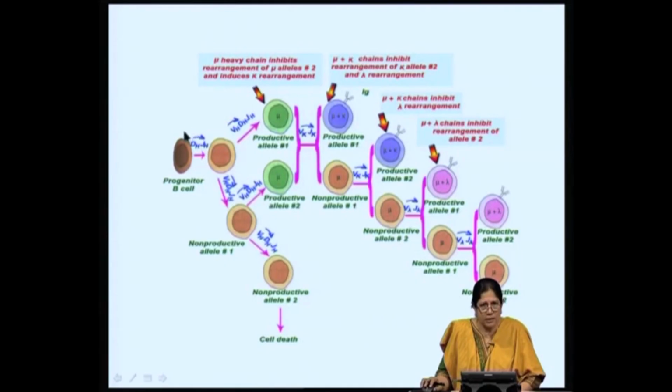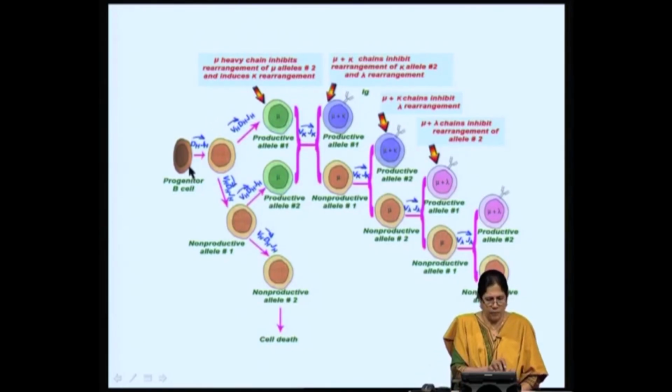They already start the recombination of the immunoglobulin genes at the heavy chain. Now, the heavy chain, I told you, starts with the combining of DH and JH.